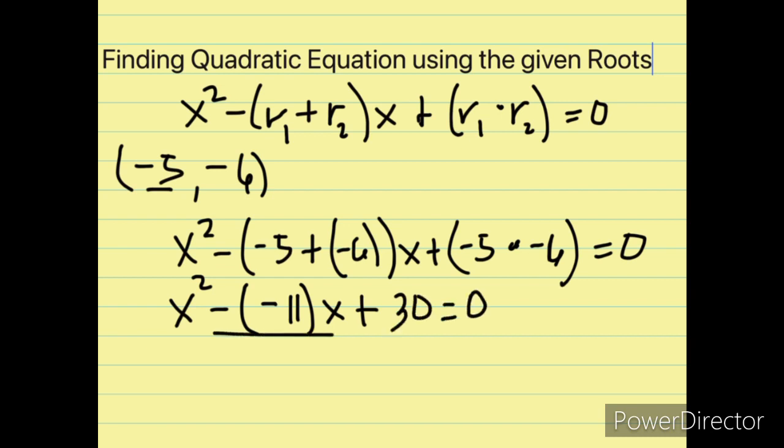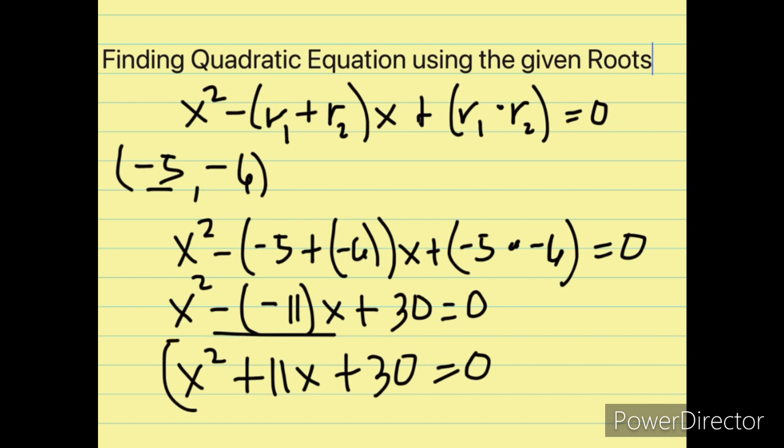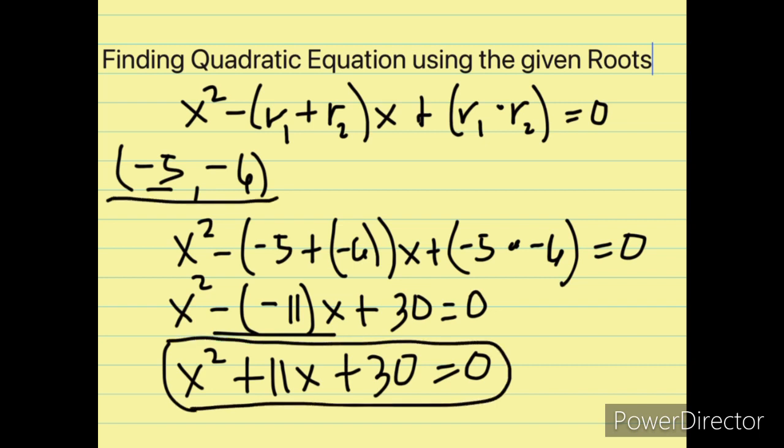Simplify again. x squared plus, since it is negative times negative, it becomes positive 11x plus 30 is equal to 0. Now, this is our quadratic equation with roots of negative 5 and negative 6.